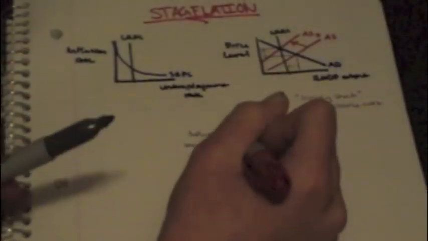Now, this combination of having both inflation and unemployment increase is really bad. That's what stagflation is. It's when there's a sudden increase in inflation and unemployment.